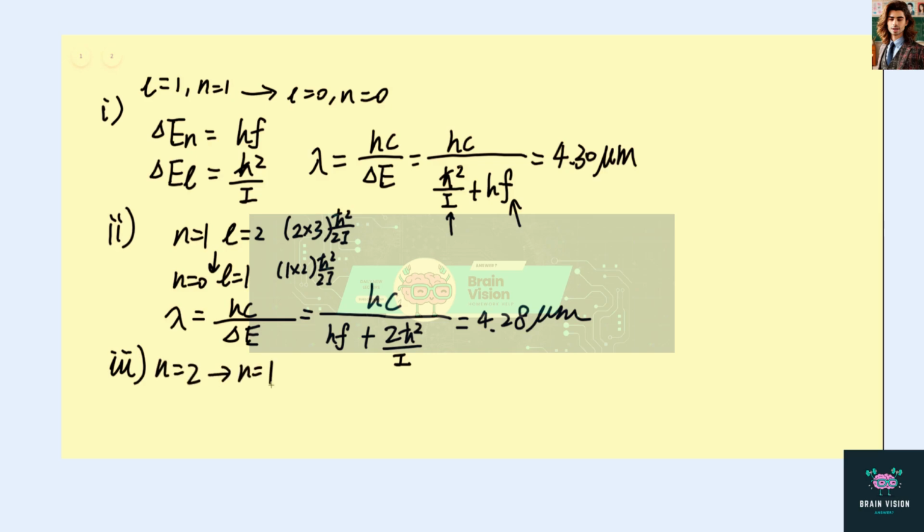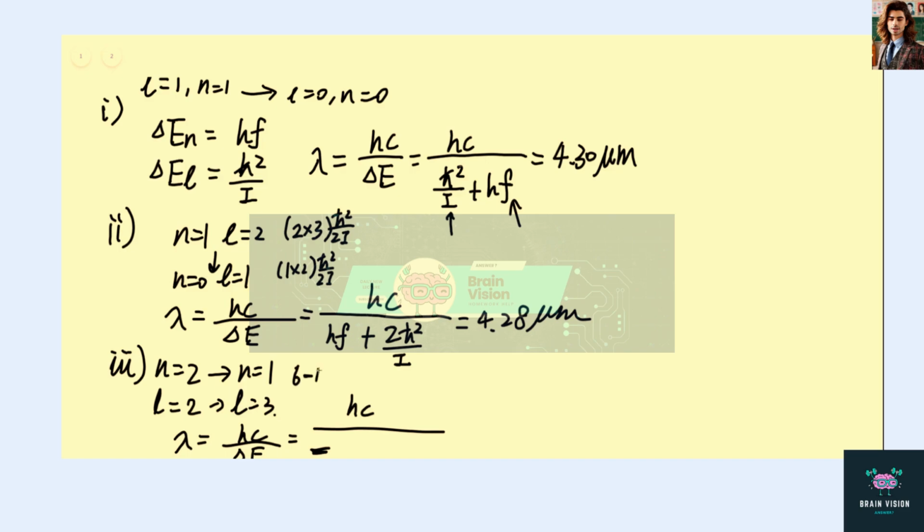So finally, for part 3, now we have vibrational energy going down by 1, but rotational energy increased by 1. So now it's lambda equals hc over delta E. Rotational energy from 2 to 3, so it was actually a negative value. When L equals 2, we have 2 times 3 equals 6 times h bar squared over 2I.